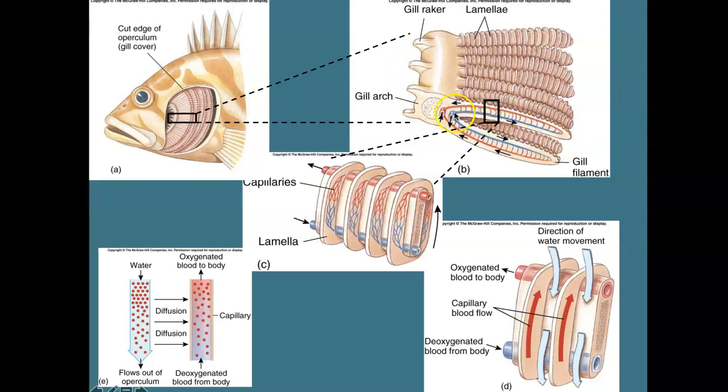So you'll see inside these gill filaments are going to be these arteries and veins that are going to run through them, okay? And that's because here we're picking up oxygen, right? So that's why when you look at gills, they're going to be really brightly colored red.